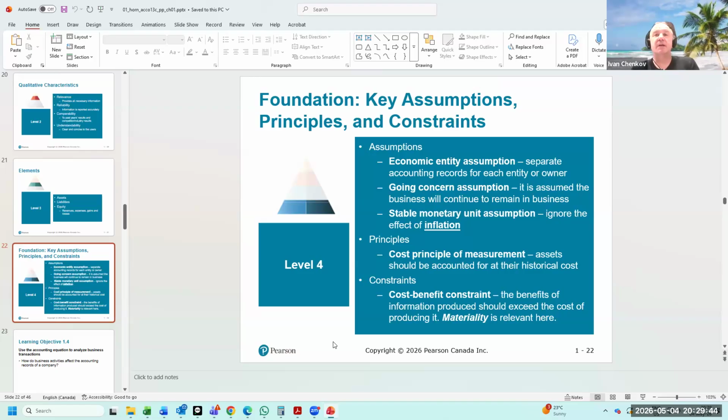Same thing with the use of financial statements. We apply the same logic to explain materiality. If I want to invest in a company and I find out by looking at the financial statements that there's a mistake in the range of $5,000, am I still going to invest in this company?